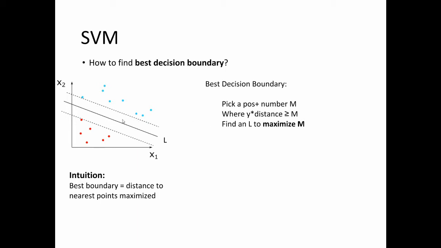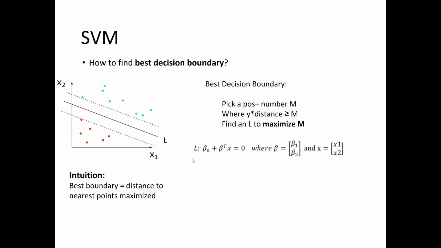In this plot, this m is simply the distance between the decision boundary and the nearest point, or the decision boundary to the dashed lines, right? And then we want to find an L that can maximize the m, basically just to maximize these two distances.